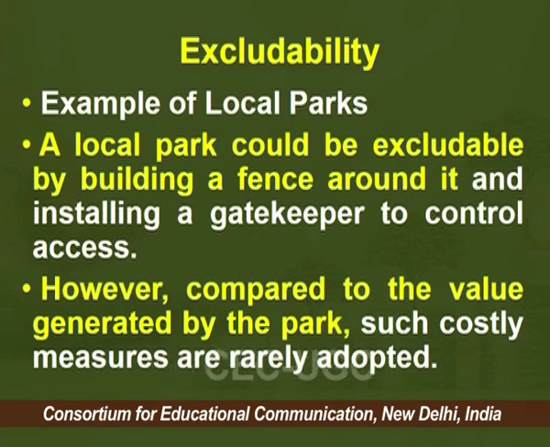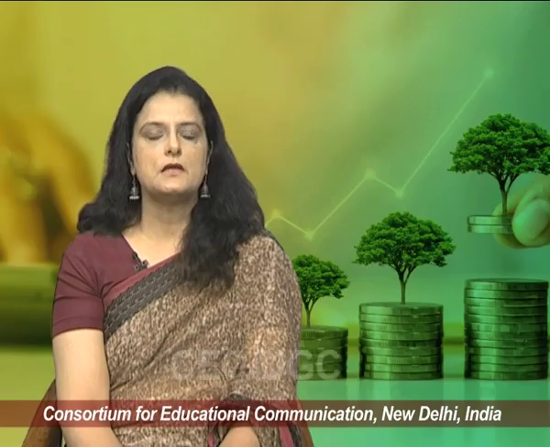However, compared to the value generated by the park, such costly measures are rarely adopted. When you take strict measures, like installing cameras, hiring check guards, or even employing guards at night, they become costlier.